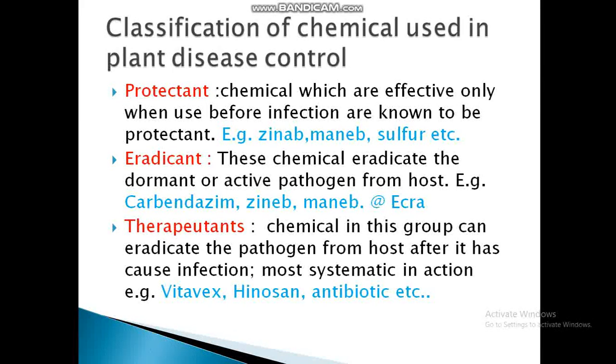After infection, we use therapeutants for eradication of pathogens. Examples are Vitavax, Inosan, and antibiotics.